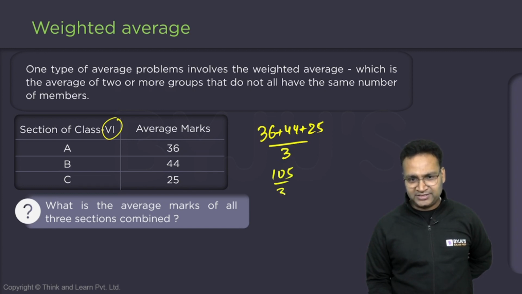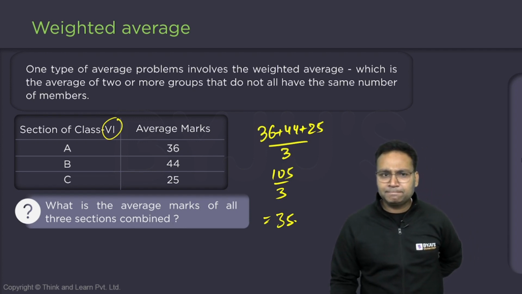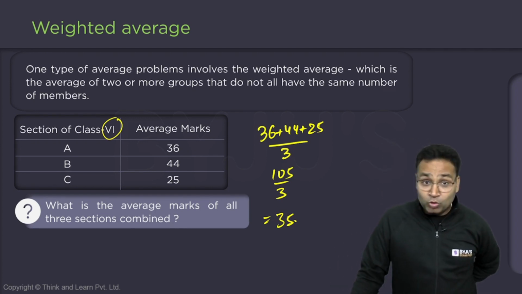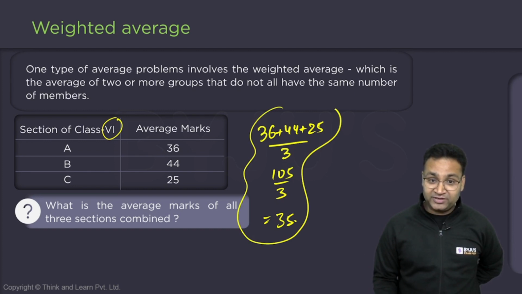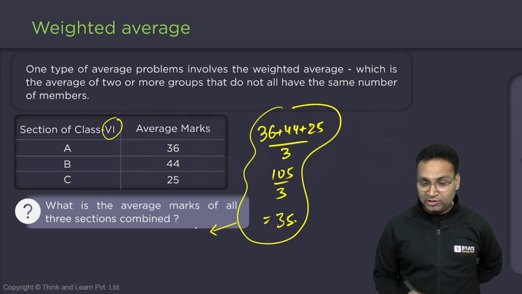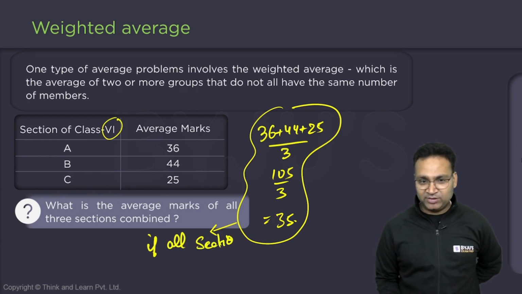So can I say this is 35? Tell me. Why? It could have been the case when it is given that all the sections have the same number of students. Clear? Otherwise we can't do this.